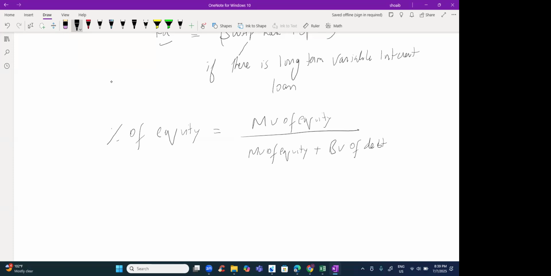Hardly any company issues bonds. If it is a bond, then you will take the market value of the debt, because bonds are traded. A bank loan is not tradable. Debt is normally a bank loan, and in case of a bank loan, you will take book value. If debt is bonds or loan stock, then you will take market value.